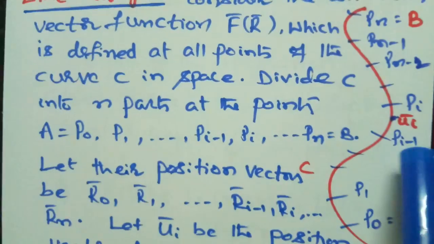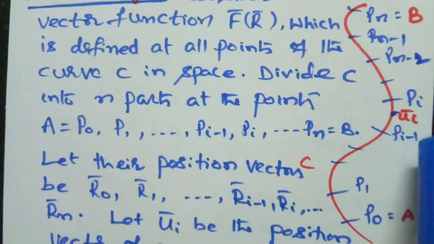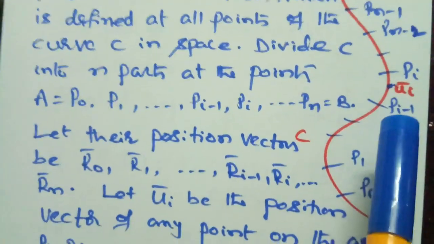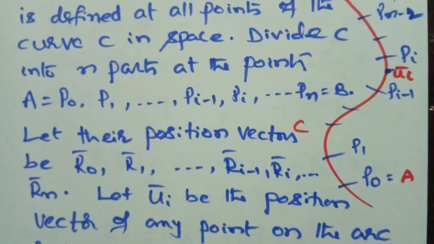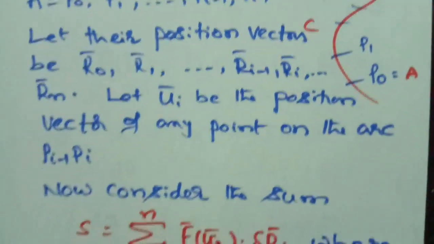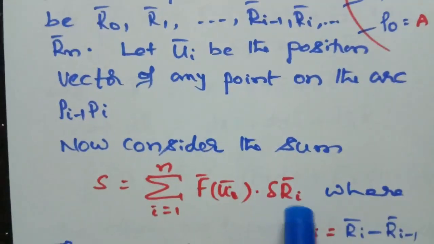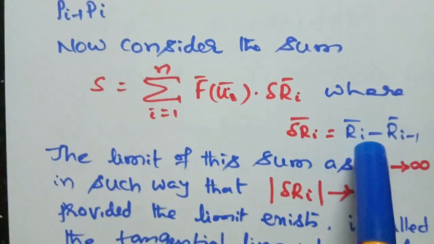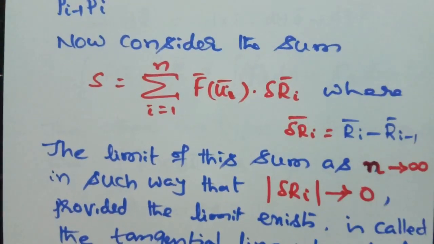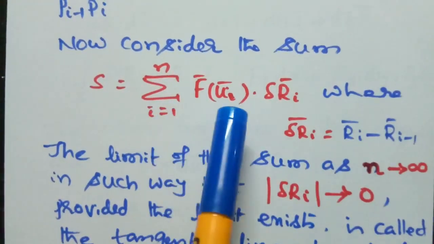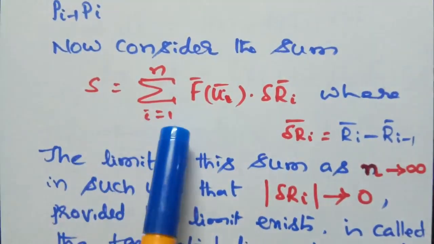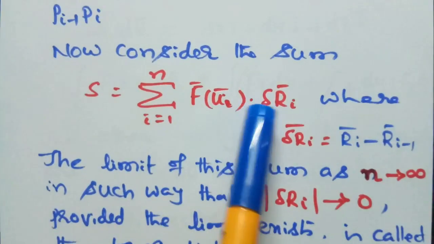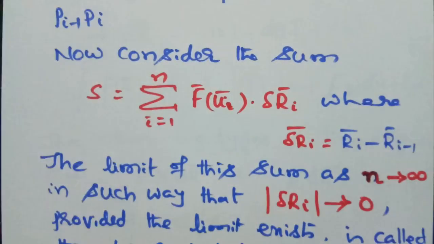So in this arc, take any position vector and consider F bar of ui bar dot delta ri bar, where delta ri bar is the difference between the position vectors ri minus 1 and ri, and consider the sum S, which is the sum from i equal to 1 to n of F bar of ui bar dot delta ri bar.